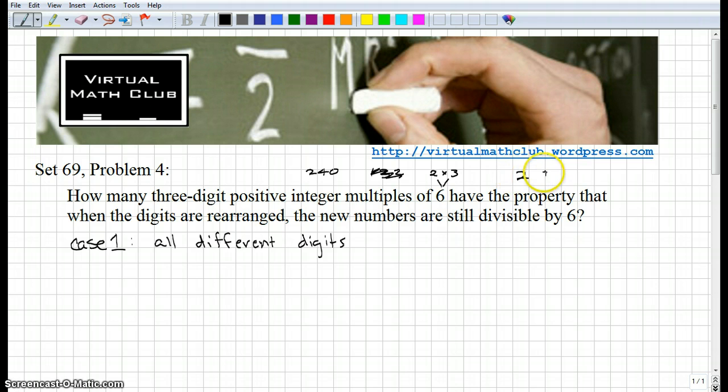We've got 2, 4, 6, and 8, and then we've also got 0. A 0 is kind of a special case because 0 can't be the leading digit if it's a 3-digit number, okay? Because if you put a 0 in the first digit, that's not a 3-digit number anymore. It's now a 2-digit number. So we're limited when we're using 0.